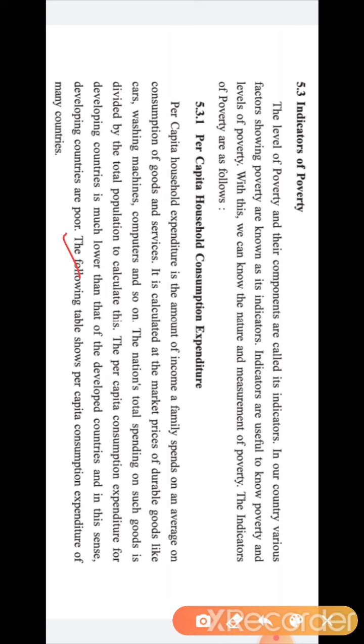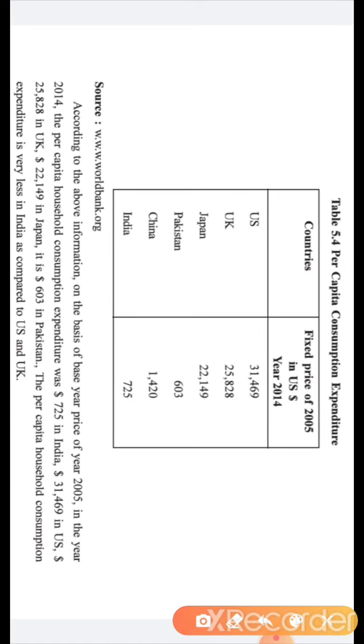Now the following table shows the per capita consumption expenditure of many countries that we will see. By analyzing this table, we will get an idea. Look, this table shows the per capita consumption expenditure. The source of this table is given, from where we get this information.